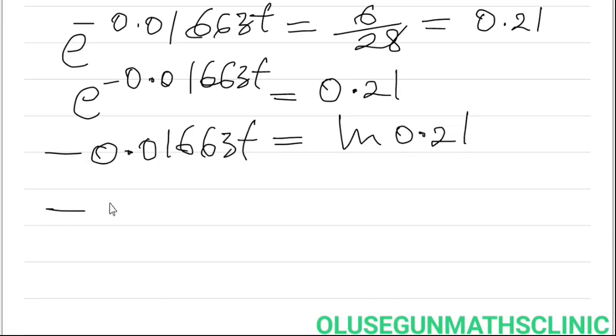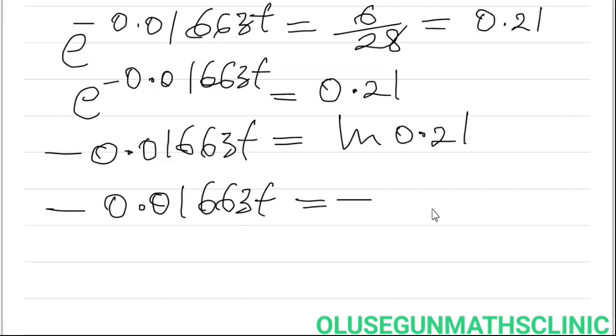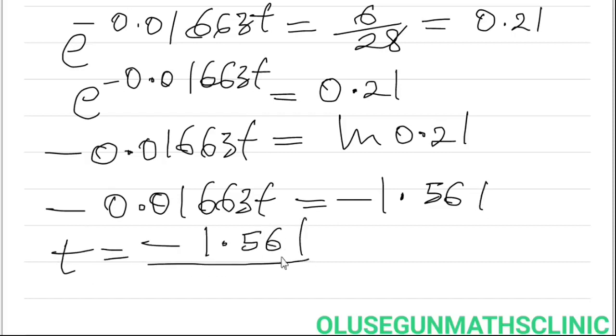Let's find the value of ln 0.21. We have minus 1.561. So our time will be minus 1.561 over minus 0.01663. Let's divide both.